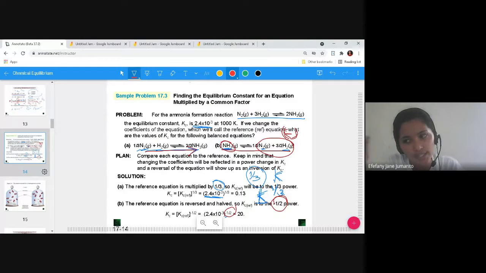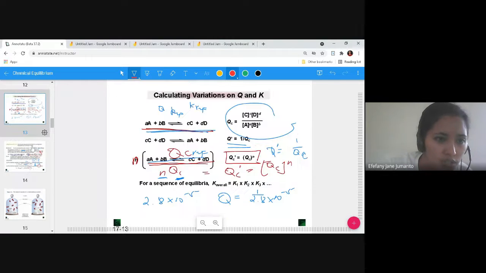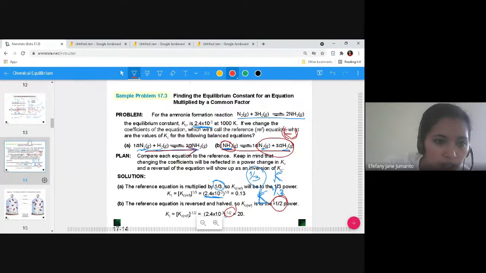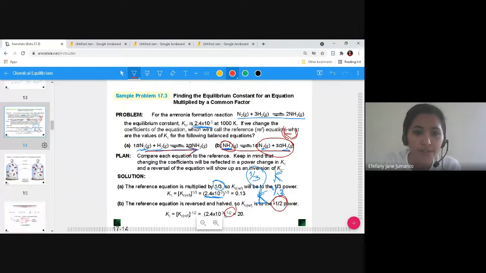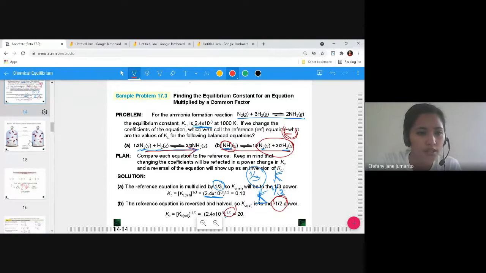So KC and KP are not equal, but they have a relationship. But if you want them to be equal, make sure that the moles of gases in the reactant is equal to the moles of gases in your product. Equal.